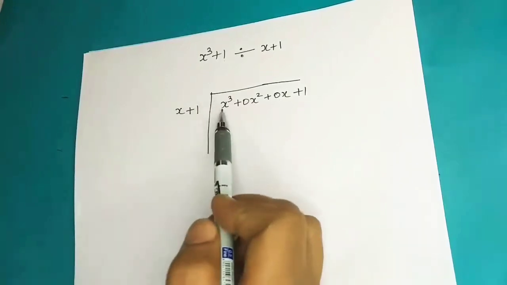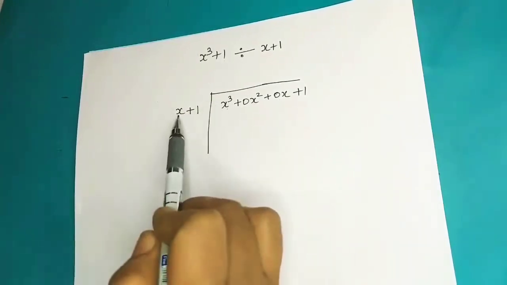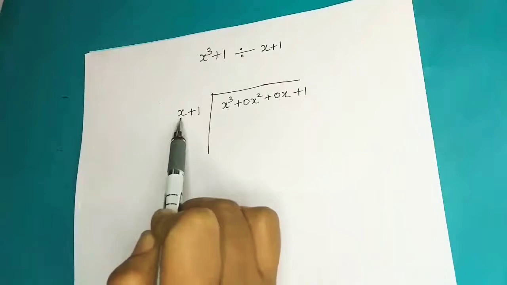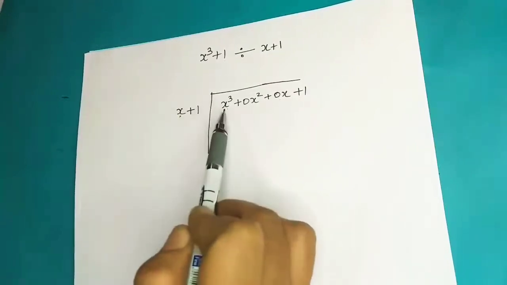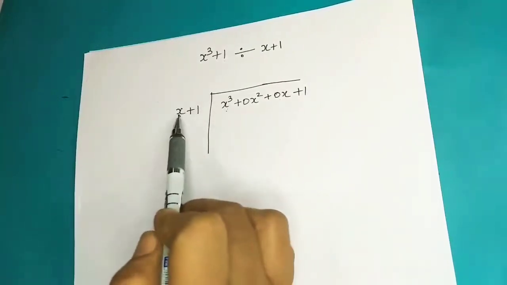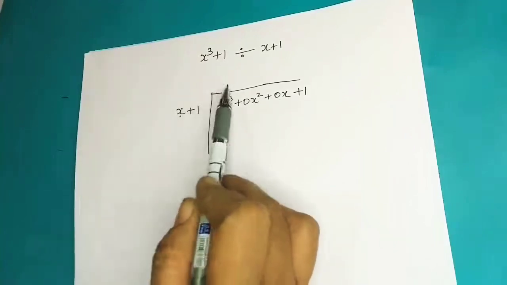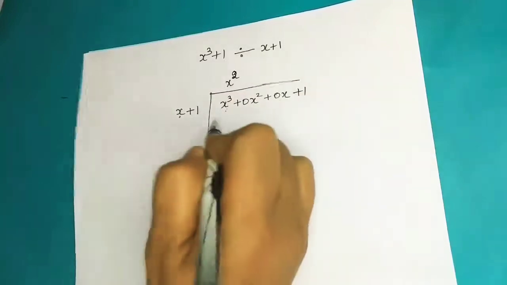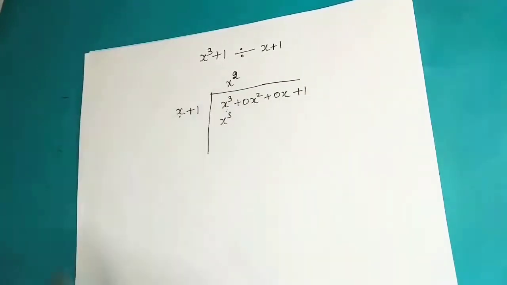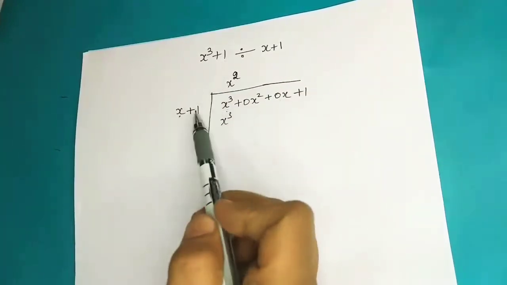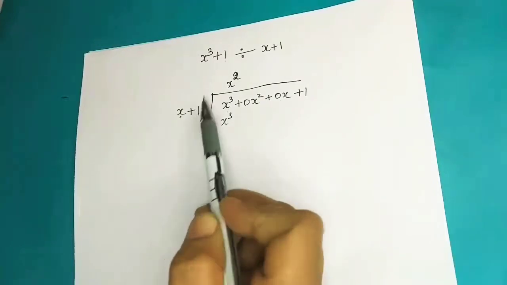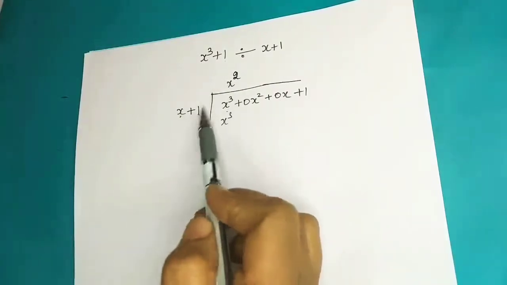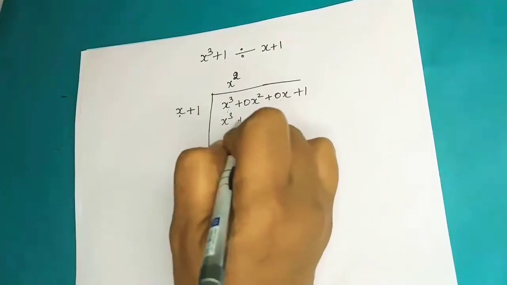Then let's proceed as usual. We compare the first term of the dividend and the first term of the divisor. With what term should we multiply x to get x cube? It is x square. So x into x square is x cube. Next, multiply the next term of the divisor with the same quotient: 1 into x square is plus 1x square.